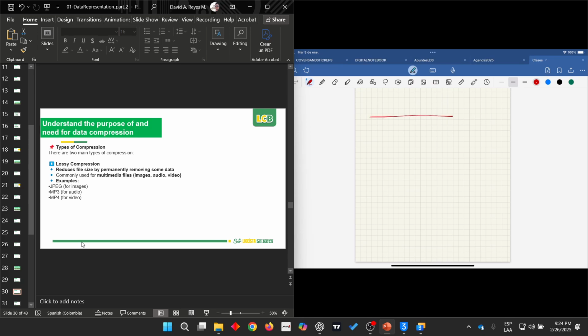So let's suppose that this is an image of great quality, and you are going to compress that file using lossy compression. When you send that file to any of your classmates, they are going to have an image like this.